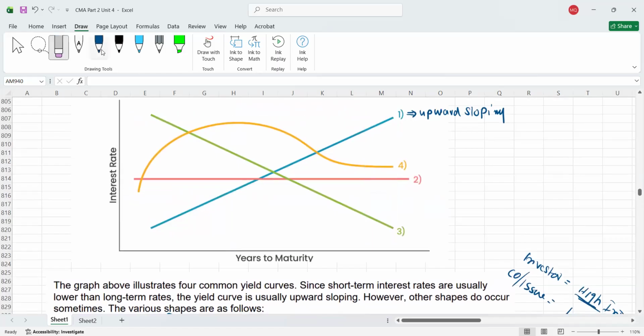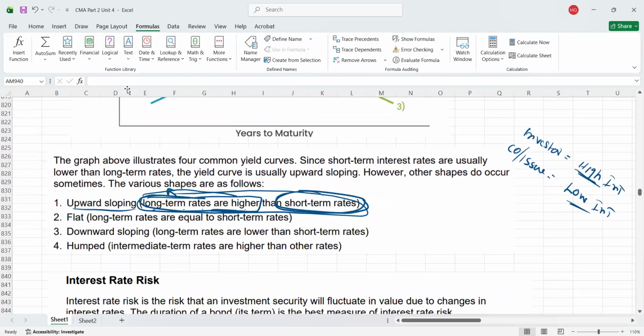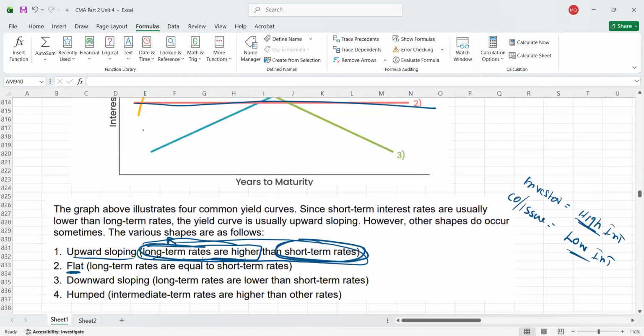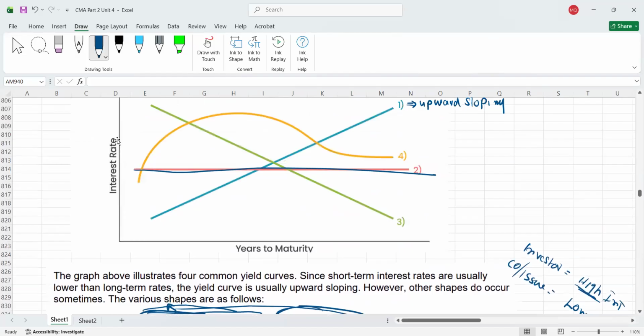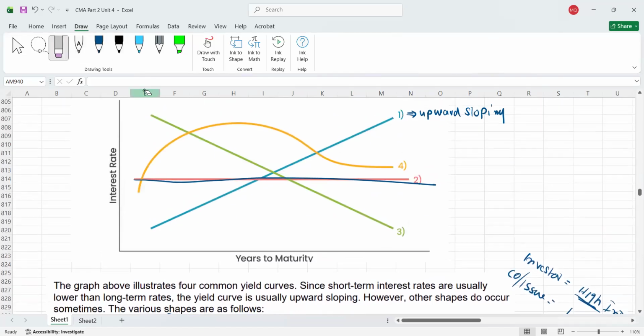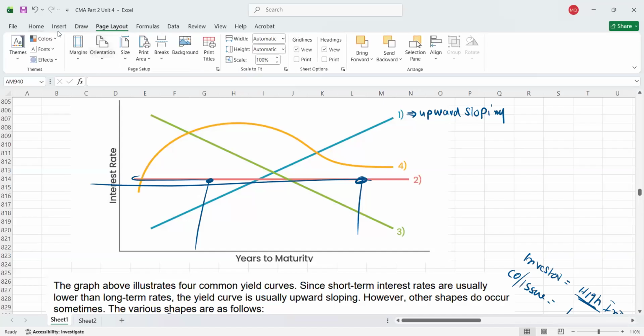Now the next line, I'm explaining line number two, is flat. In finance it is called flat. Flat means, even if you are at this point, interest rate is here, maturity is here. Even if you are at this point, interest rate is here, maturity is here. So it means there is no difference between long term and short term.